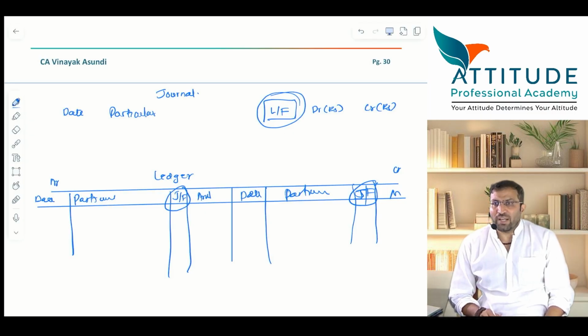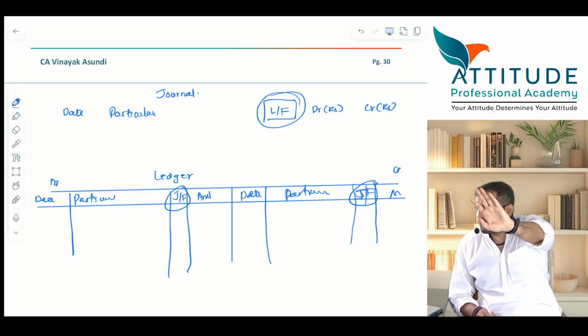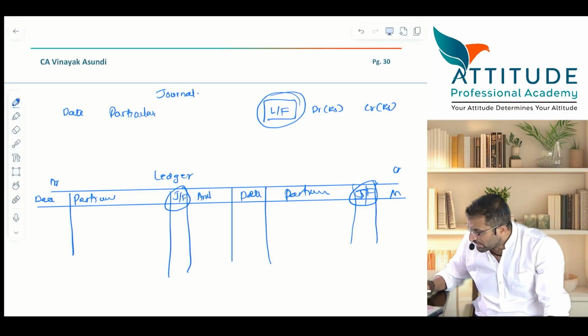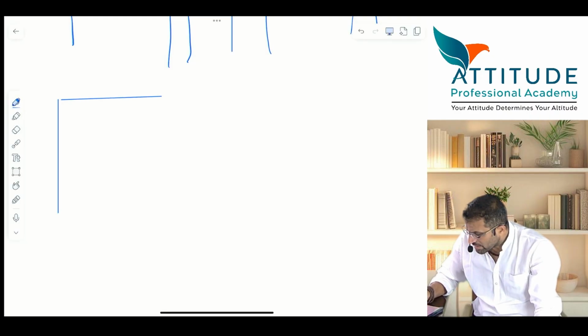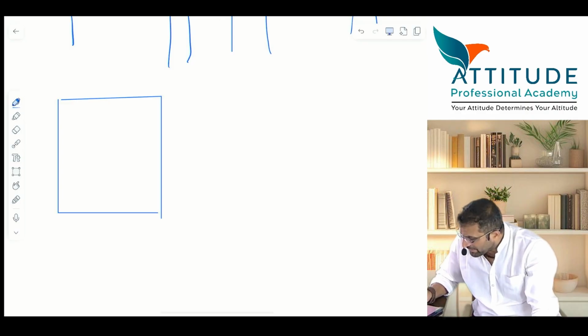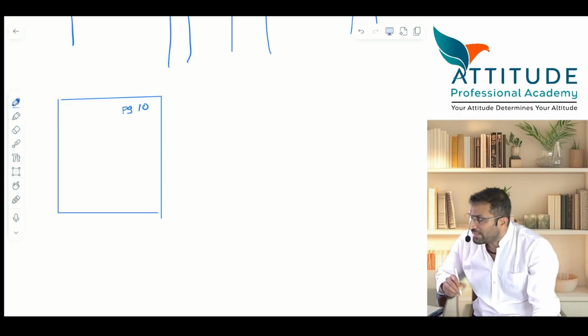You write a number. I'll give you a simple example. Let us assume that this is the journal book. In this book there are many pages. Let us say we are on page number 10.